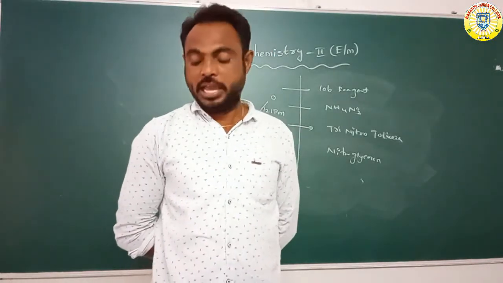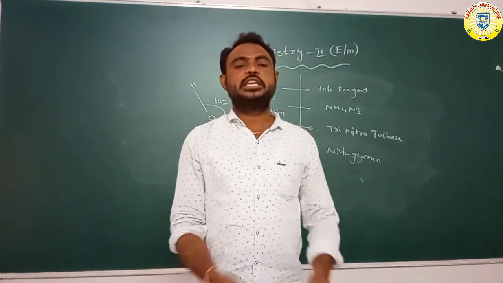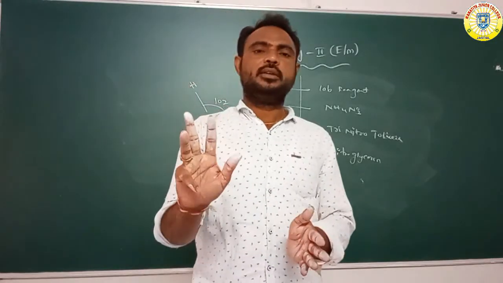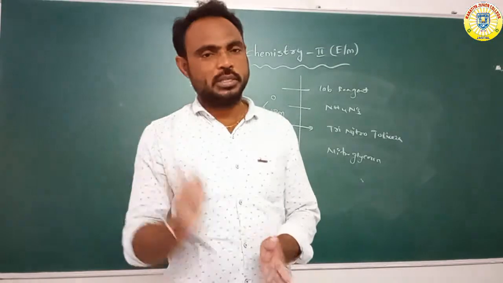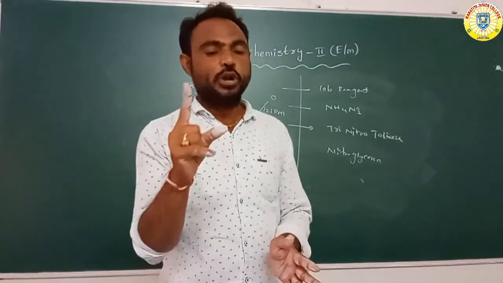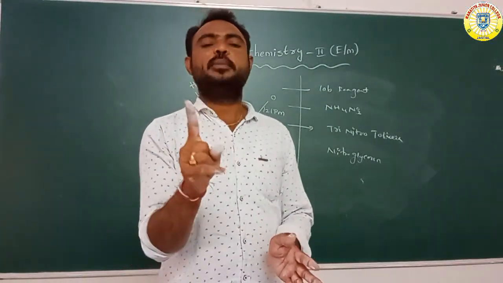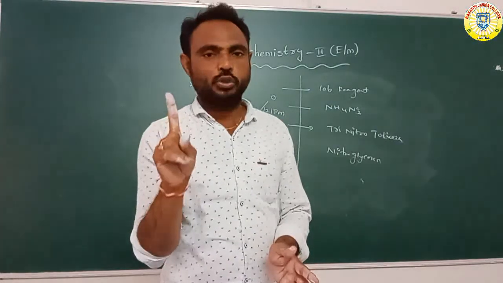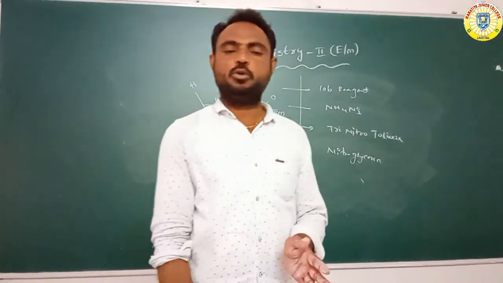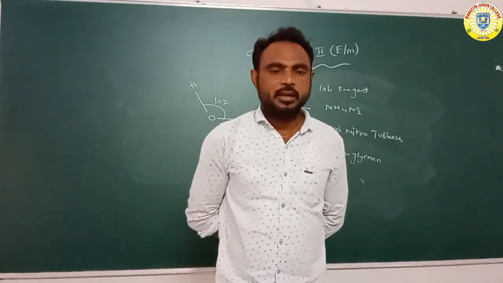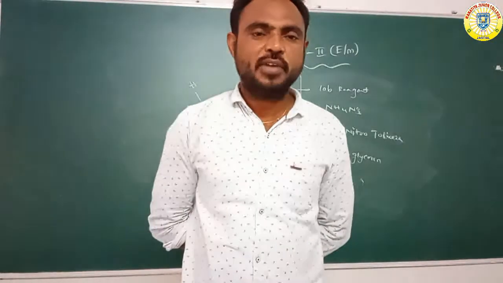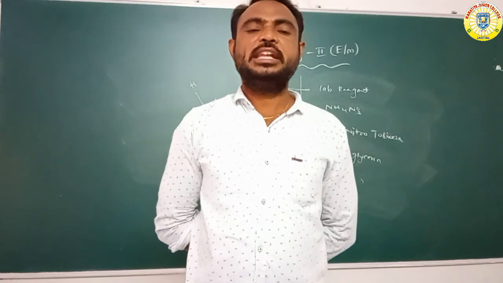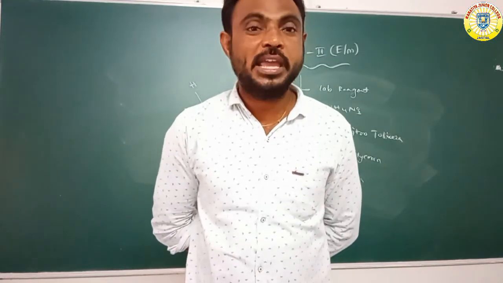So that is HNO3: preparation, physical and chemical properties, structure and use. Overall, a very important thing: write the preparation of HNO3 by the Ostwald process. It is very important. Already we know about the preparation of ammonia, so write the preparation of ammonia by the Haber process.